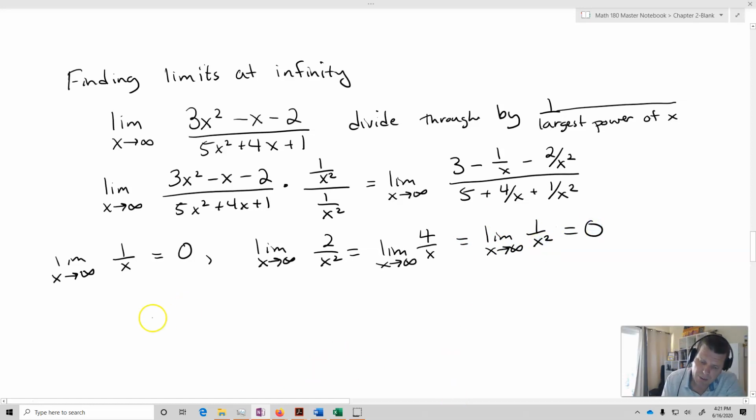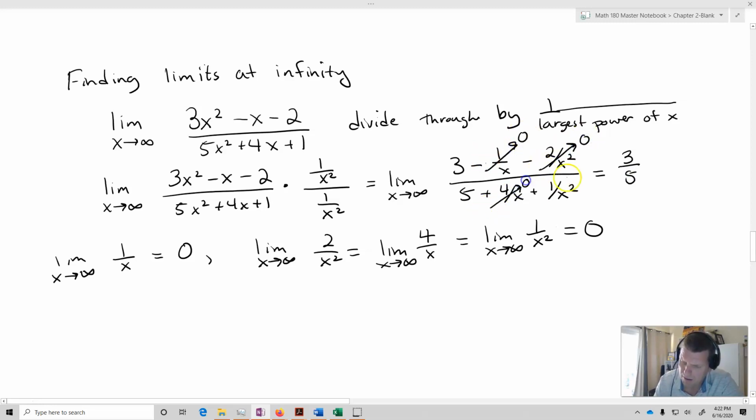So what we're going to be left with is that this whole thing is going to equal 3 over 5, right? This goes to 0, this goes to 0. That's actually how I write it.